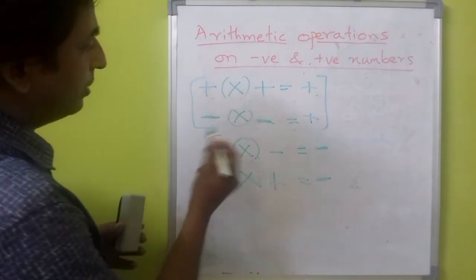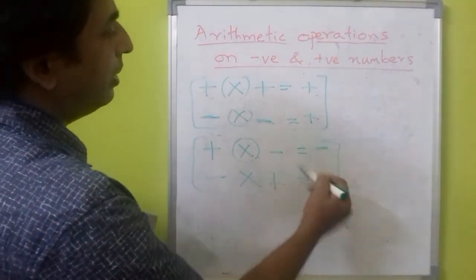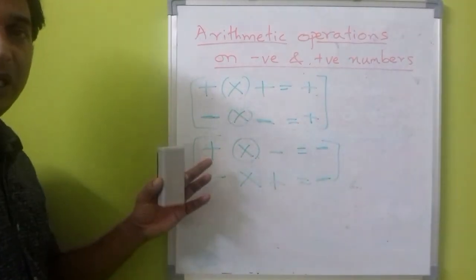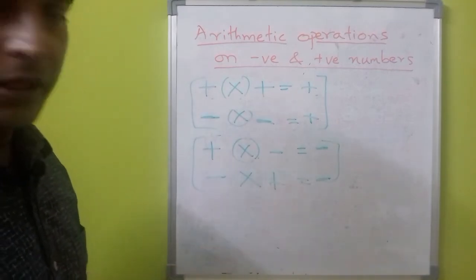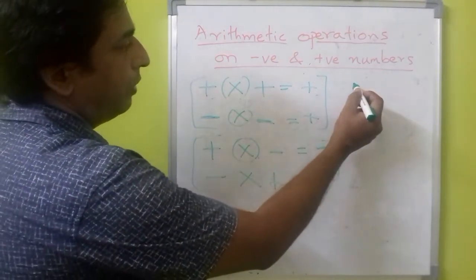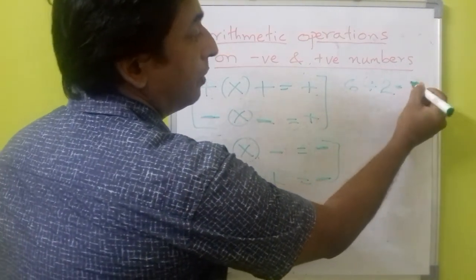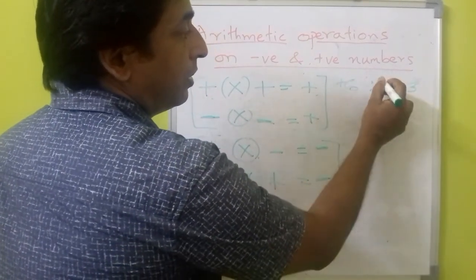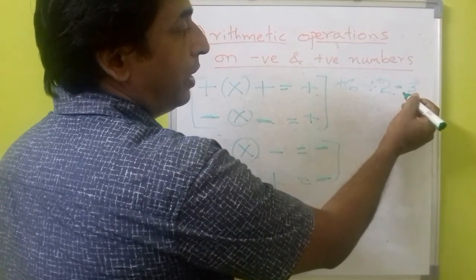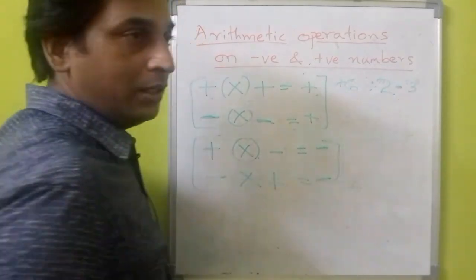So this rule is applicable in multiplication and division. That is, if you divide 6 by 2, you will get 3. That is plus 6 divided by plus 2, you will get plus 3.